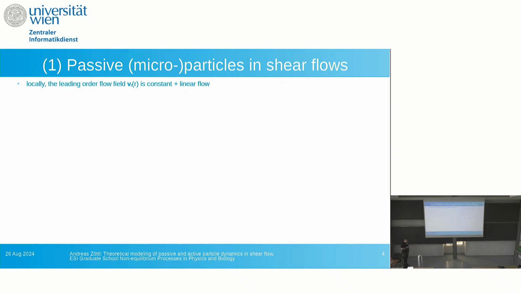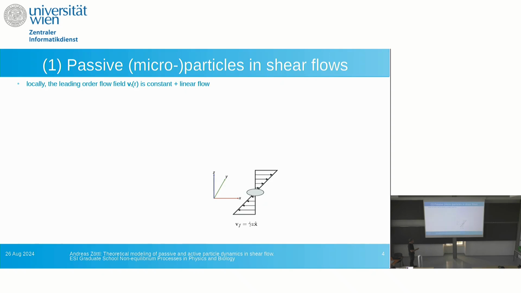And what is done very often is that you say, okay, locally, when you have a small particle, you can approximate the flow by a constant plus a linear flow plus higher order terms. And this linear flow is often then called a linear shear flow.